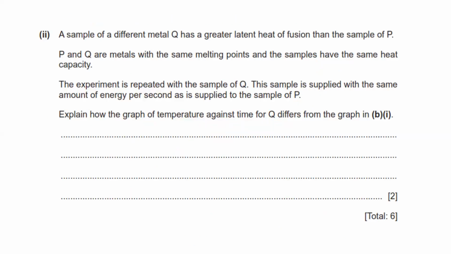So explain how the graph of the temperature against time for Q varies. Writing it down: metal Q takes more time to melt as its latent heat of fusion is more.